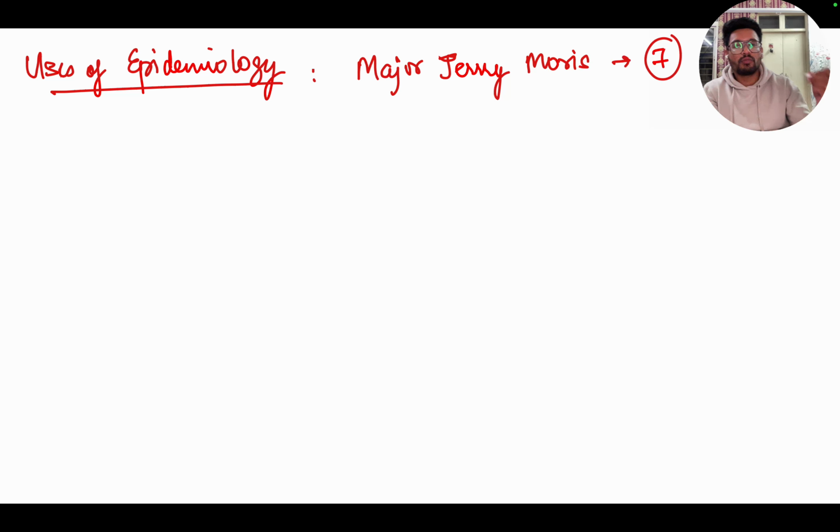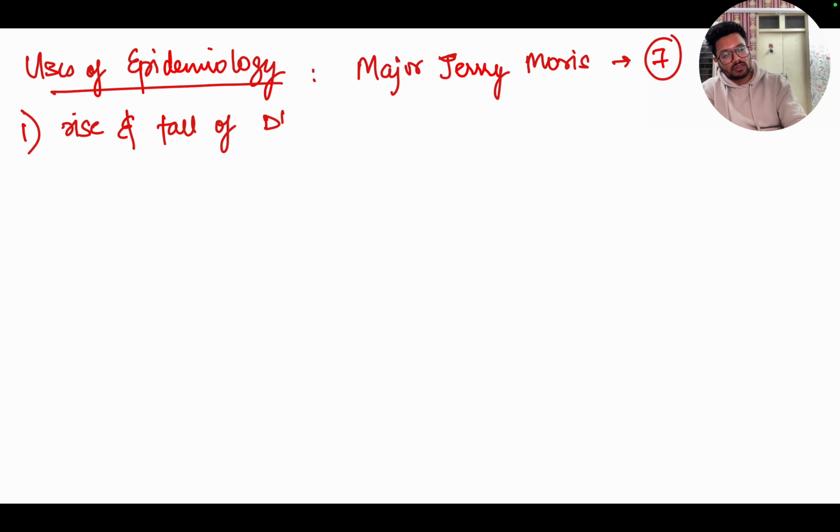If we talk about the uses of epidemiology, Major Jerry Morris described seven important uses of epidemiology. The first one is to study historically the rise and fall of disease in population.